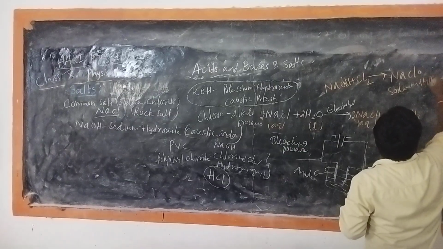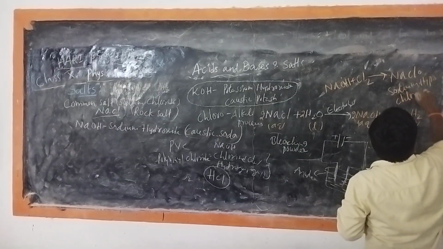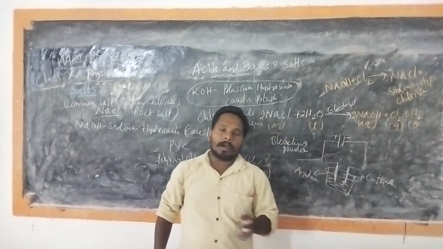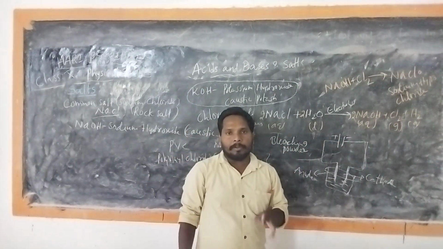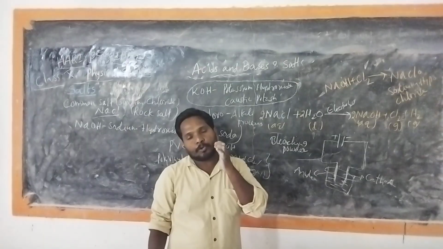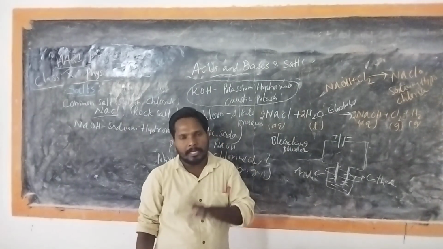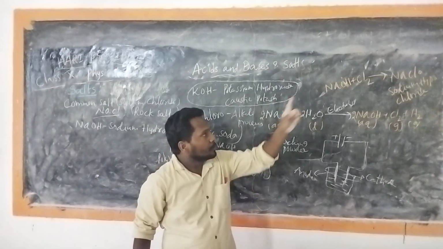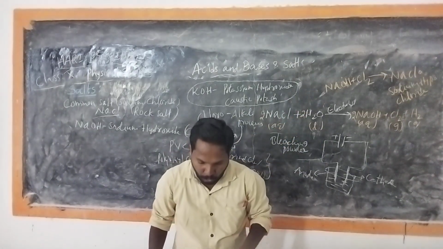So during the chloro-alkali process, the two products, sodium hydroxide and chlorine, combined together give a new chemical called sodium hypochlorite.